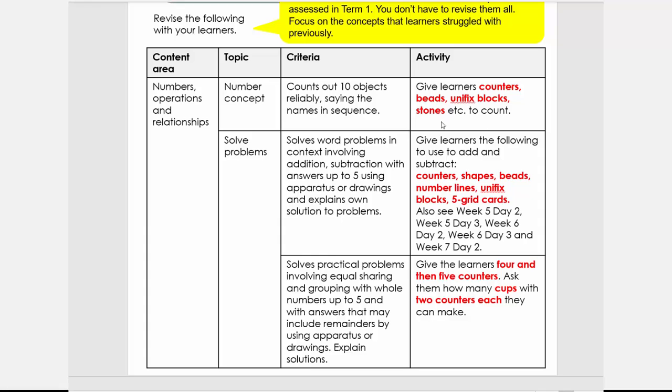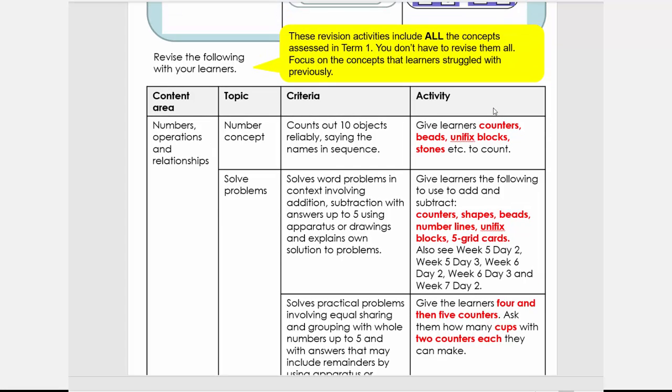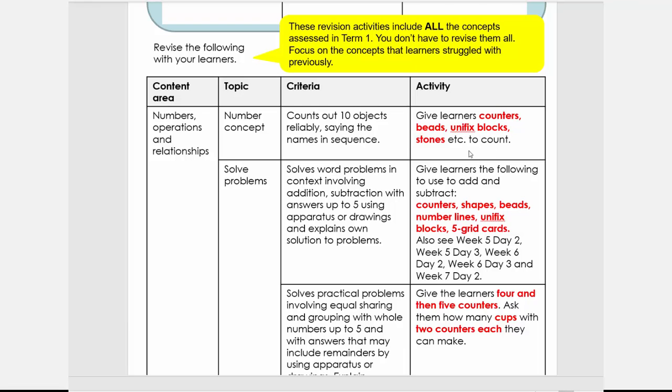Let's then just go over the activities for today. You've probably done most of them, where we give the learners counters and fixed blocks to count. So what they need to do is count it, and as they count it, they move it.